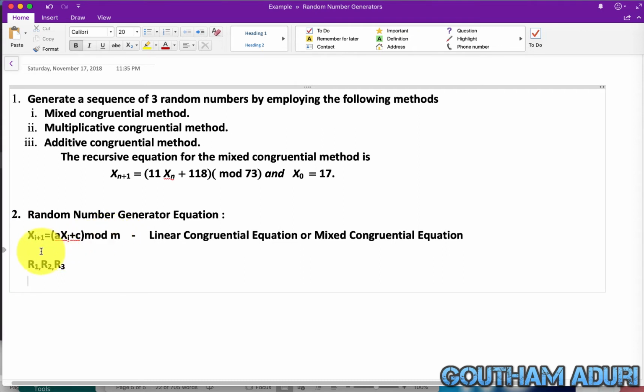This is called the mixed congruential equation, where a is called the constant multiplier because it's multiplying with Xi, which is nothing but a linear congruential constant multiplier, and Xi is the value of X0 or X1, and X0, the first value, is called the initial value or the seeding value.